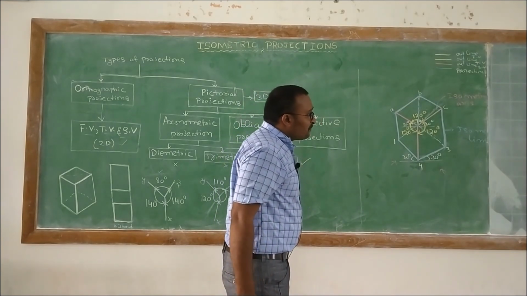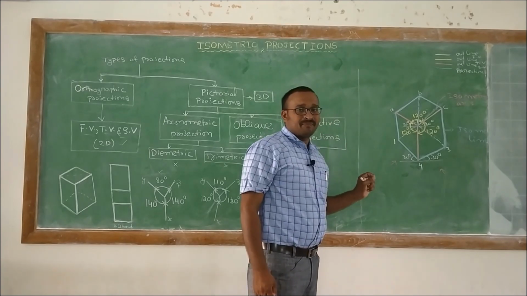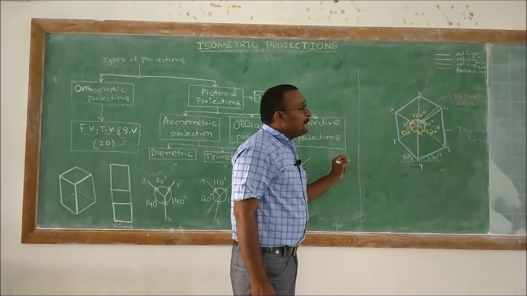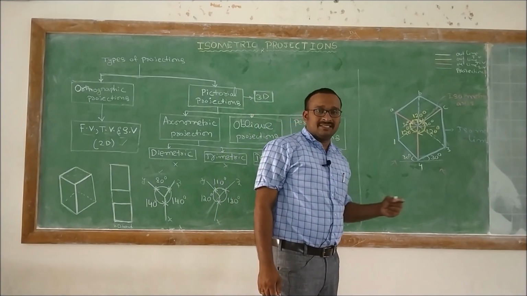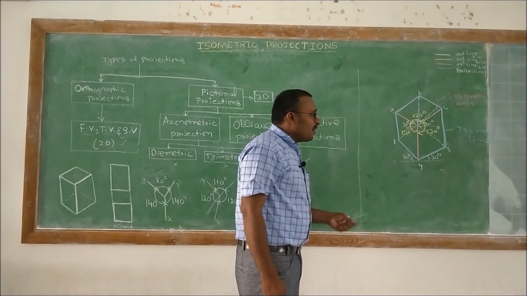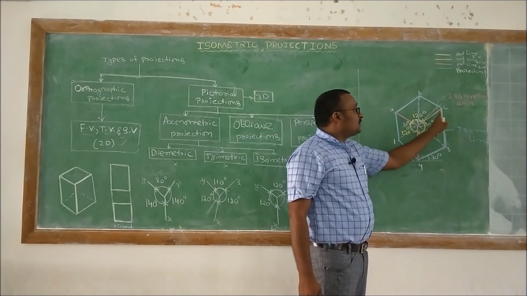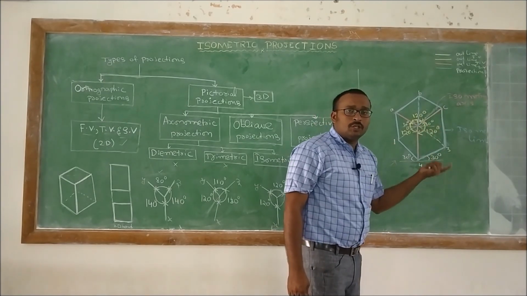At the same time, whenever we are talking about the isometric axis length, the isometric axis length may differ from the true axis length. Say for example, if you have a 40 square cube, then this DC line may not be equal to the true length.